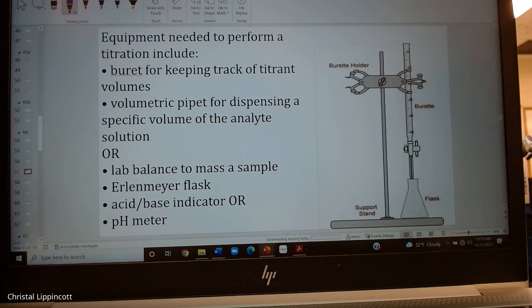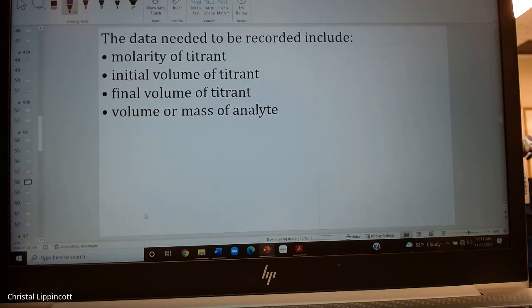We're not going to have an acid-base indicator or a pH because we're not doing acid or base titrations. So data that you need to keep recorded, you need the molarity of the titrant. You need the initial volume of that, the final volume of that, and then the volume or mass, in this case, the mass of this analyte.